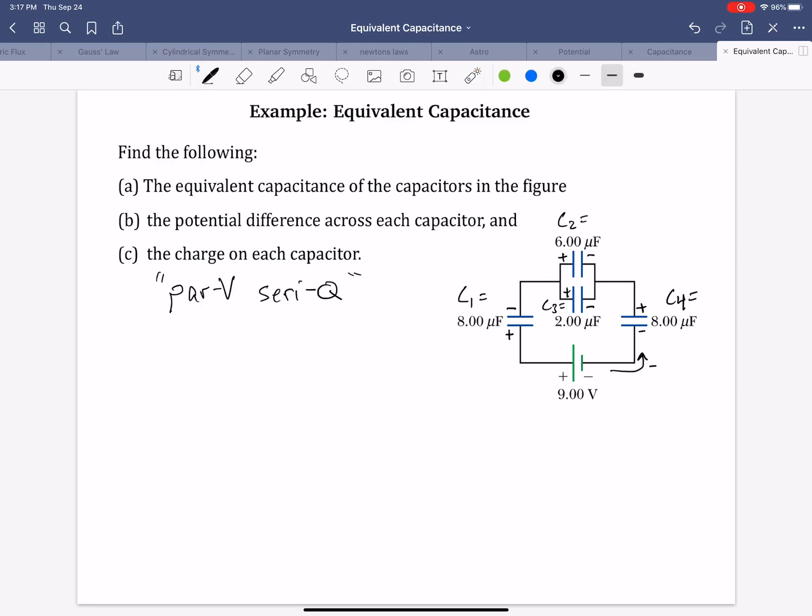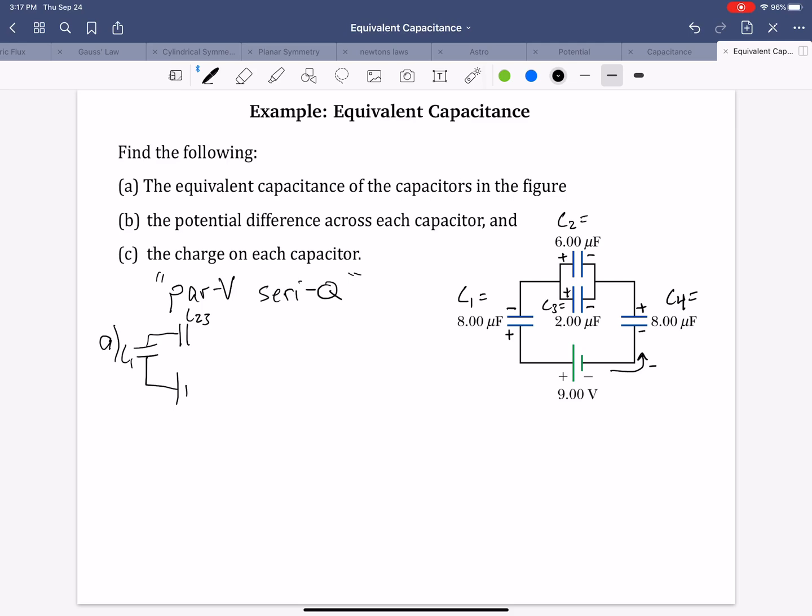So finally, let's take a look at part A. Let's break this circuit down now, step by step. If I were to draw the battery like this, we have C1, and then I'm going to reduce capacitors 2 and 3 down to an equivalent capacitance. They are in parallel, so if you remember, we can just add up their capacitances.